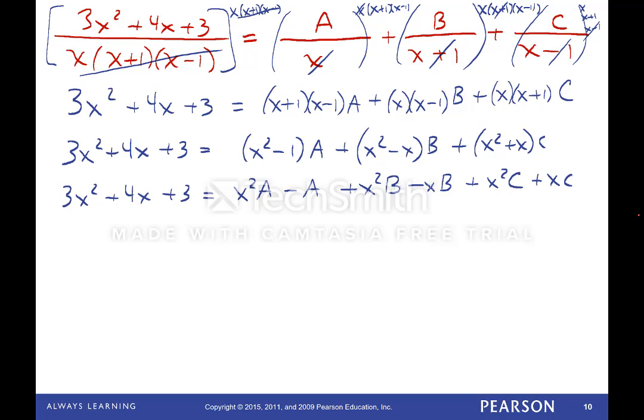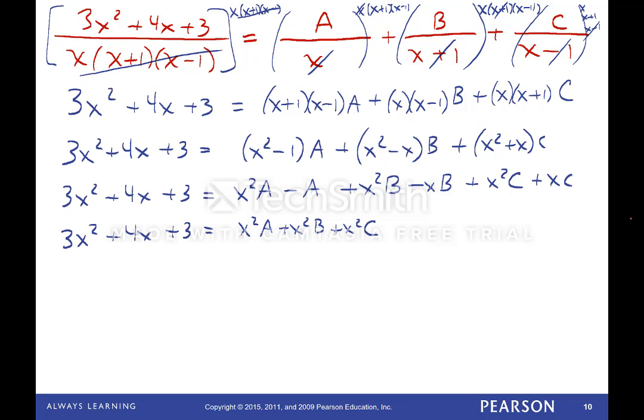All right, let's at least bunch up the ones that have the same exact exponents. That's what I want to do here first. So all the x squareds together in the same region here. So I got x squared A, x squared B, x squared C.